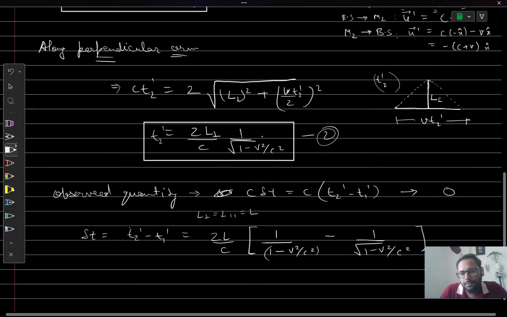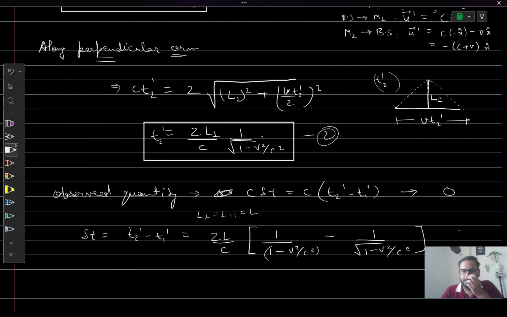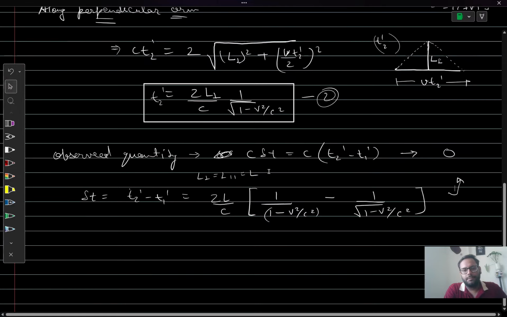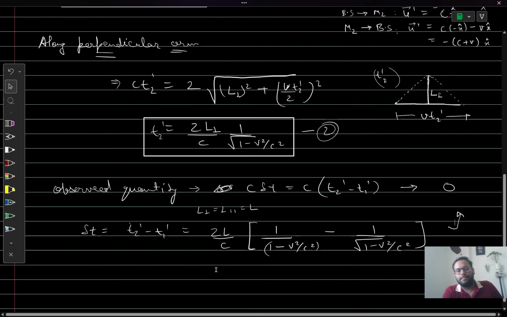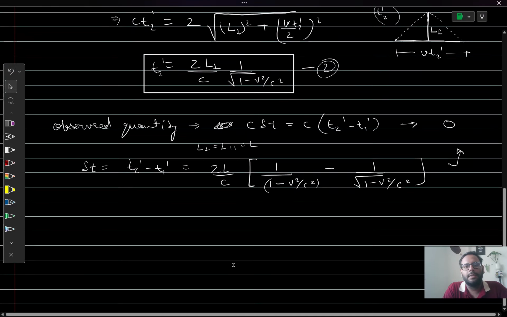Up to this we have done, and it should be 0. How do you explain this phenomenon? How can you say that the whole quantity will be 0? How will you justify this in the experiment?